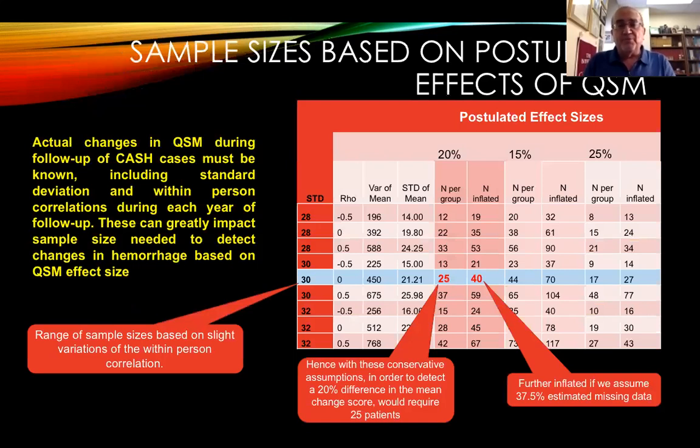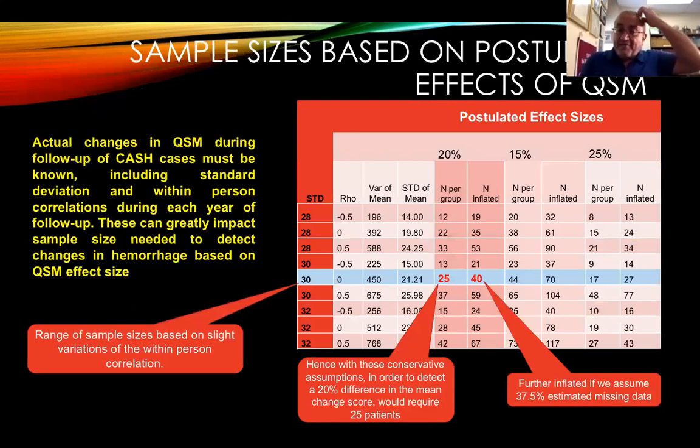So now I hope you're starting to think like a statistician and you look at these complicated tables. This one tells you about another feature. If we are looking at the biomarker and the change in the biomarker is the same in year 1 and year 2 versus the change is a little bit less or a little bit more, then you need vastly different number of patients.